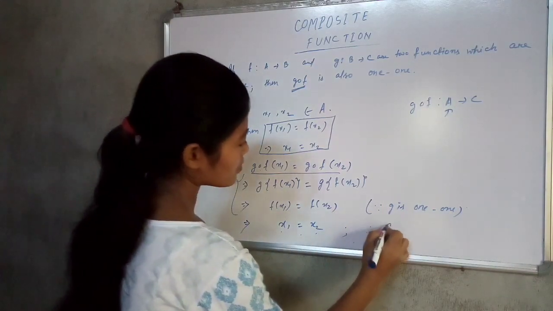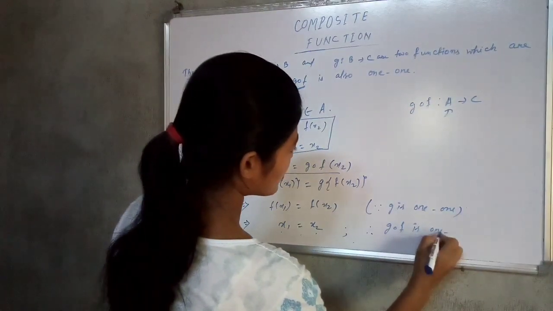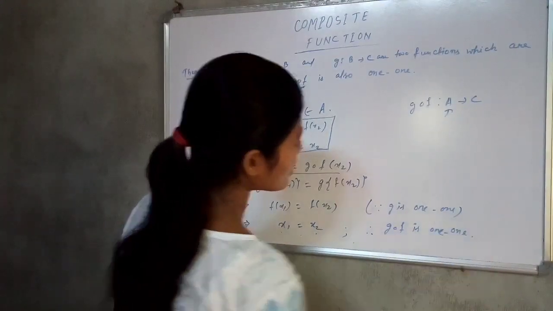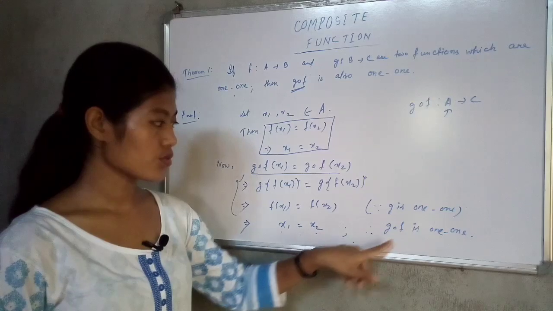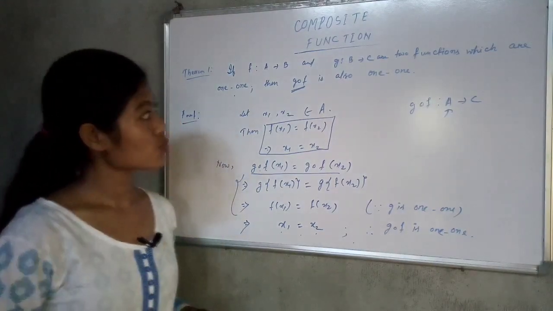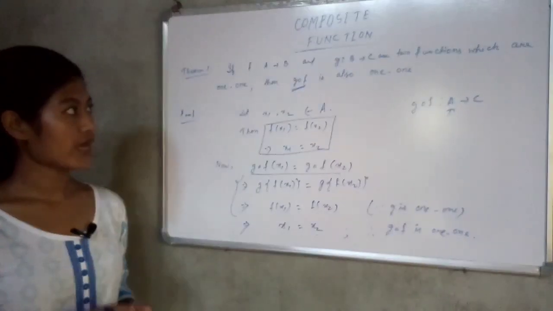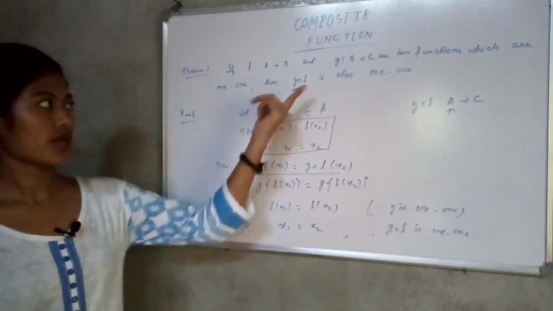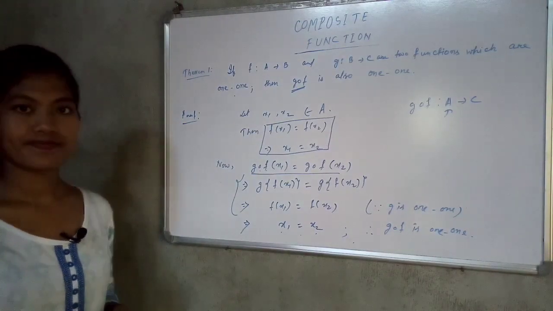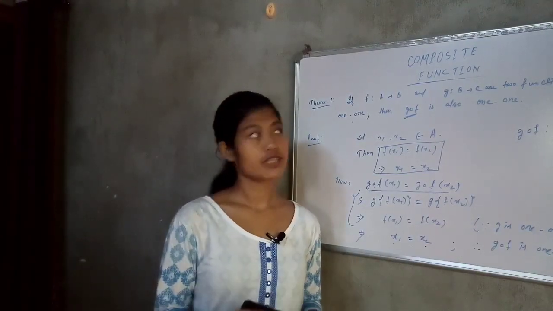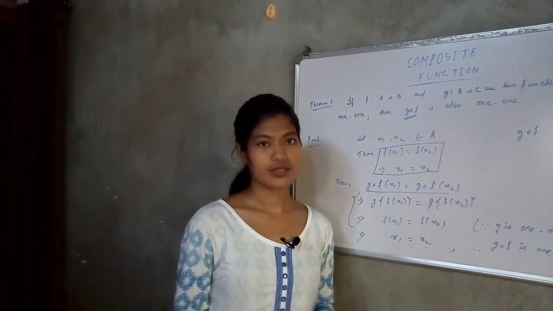Therefore, the composite function g naught f is a 1-1 function when we are given two functions f and g which are 1-1. That's the first theorem. The other two theorems related to this composite function I will discuss in the next session.